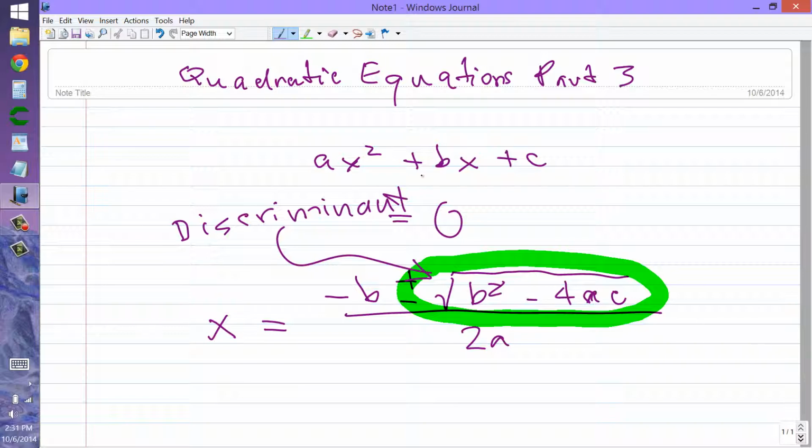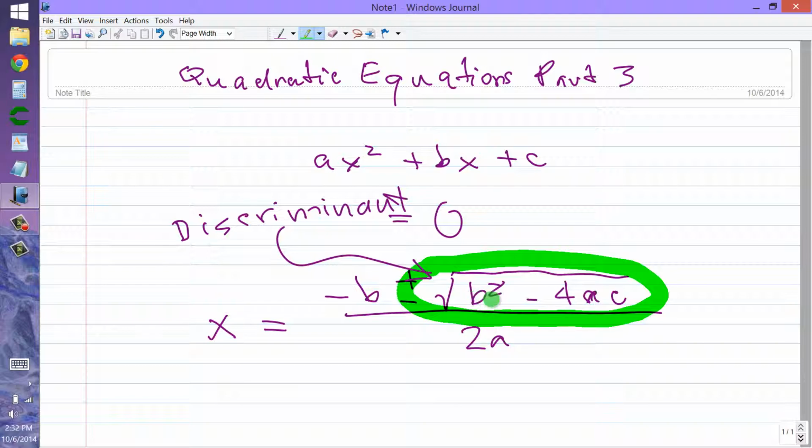If the quantity b squared minus 4ac happens to be positive, that is greater than 0, then we get a square root and we plus or minus that, and we get two real number solutions to our quadratic. If b squared minus 4ac happens to equal 0, then we plus or minus 0, we get nothing, and our solution is simply minus b over 2a.